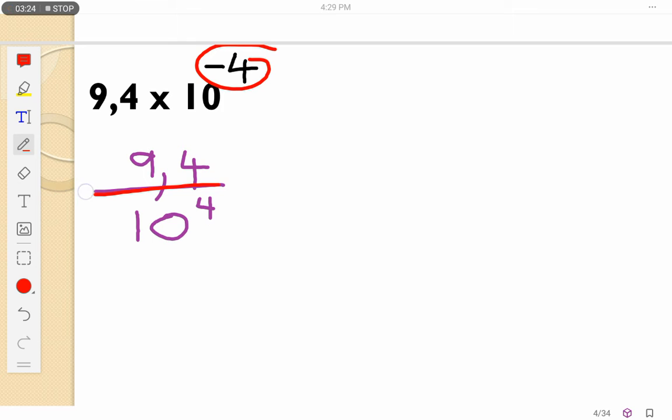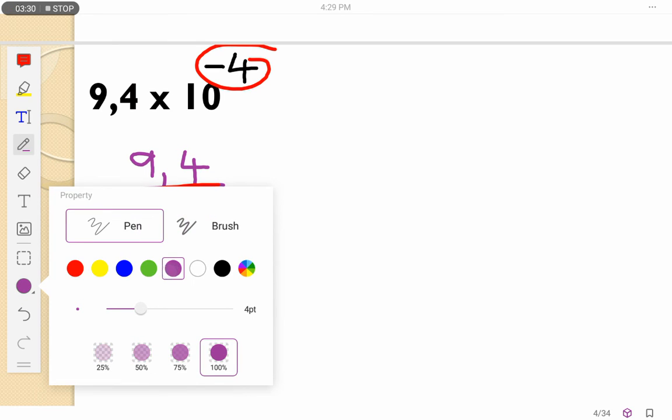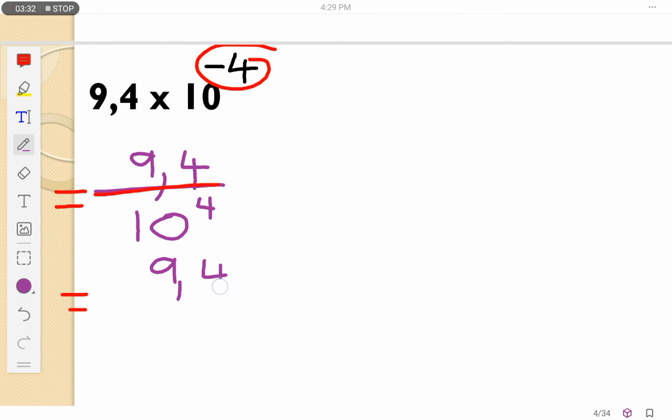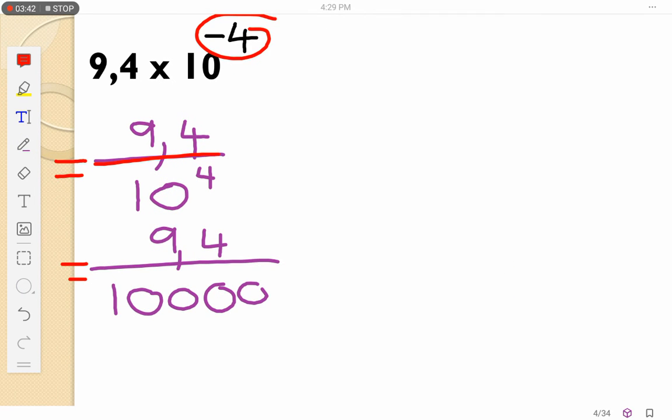Now we can rewrite this in terms of the 10 to the power of 4. What do we get? We get 9.4 over 1, 0, 0, 0, 0, 4 zeros there. And now we are going to divide 9.4 by 10,000. We will get 0.00094. So that's what we do.